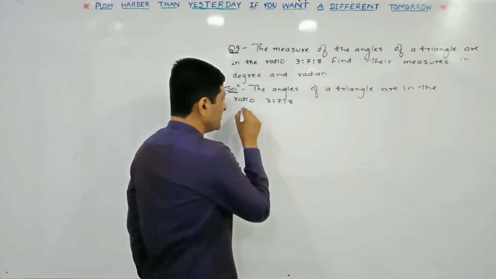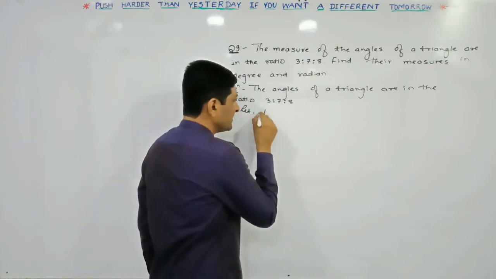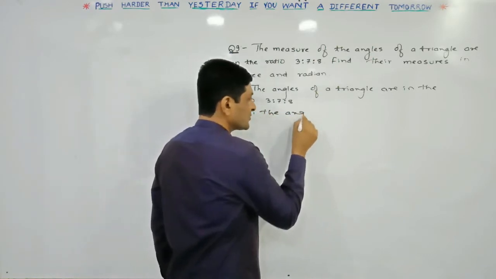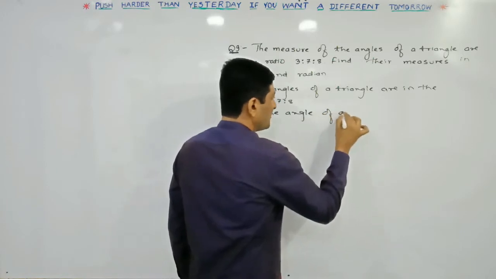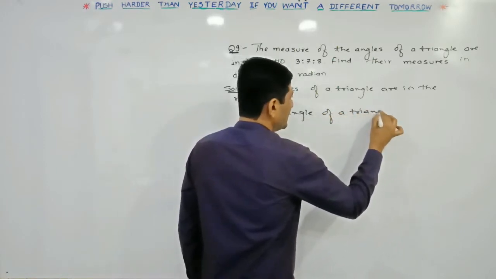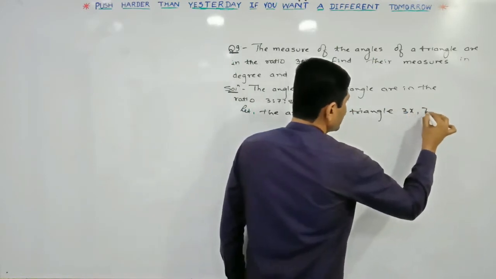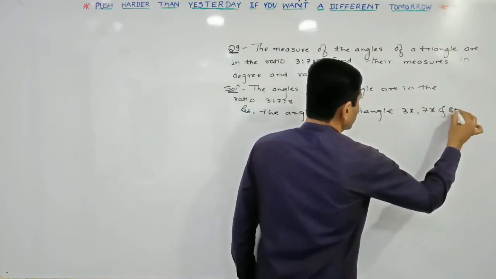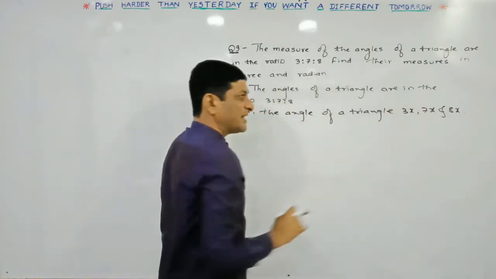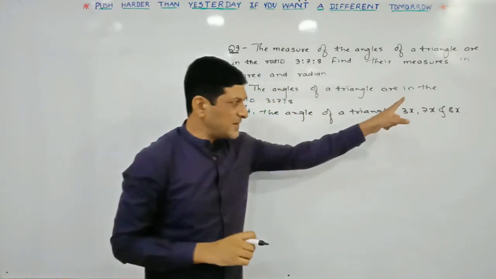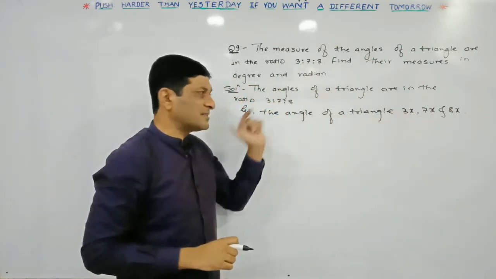So here we are supposing that let the angles of a triangle be 3x, 7x and what? 8x. So let us denote the angles by 3x, 7x and 8x. Again, if we cancel the common factor x, we will get the same ratio.